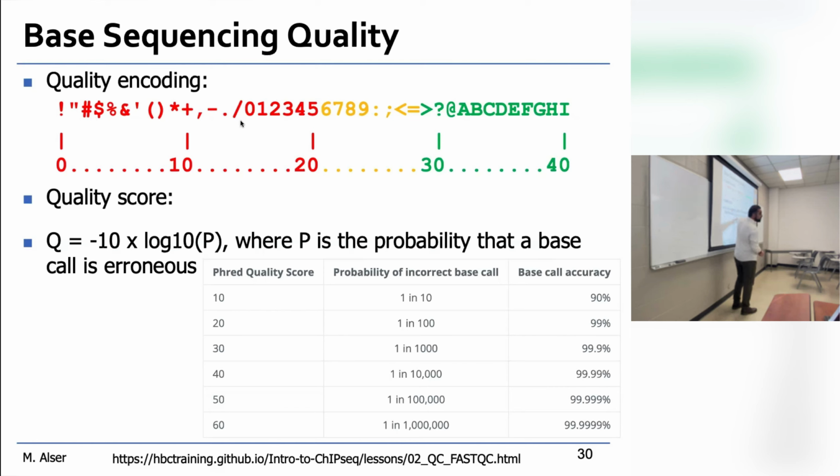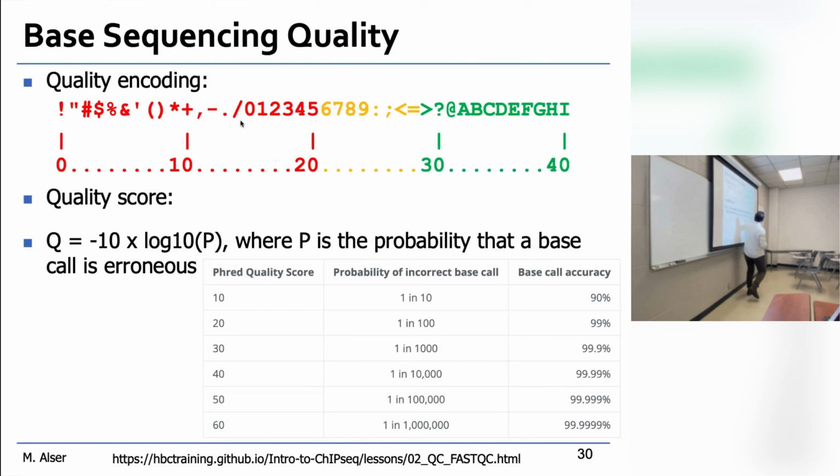Is it bad or good? We don't know yet. Assume this corresponds to a probability of 1 in 10. It means in 10 times of sequencing that character, we will make 1 error. So in 10 reads at the same location, assuming all those 10 reads are exactly the same, we'll make one of them an error.